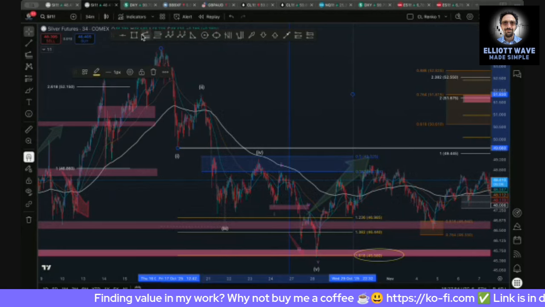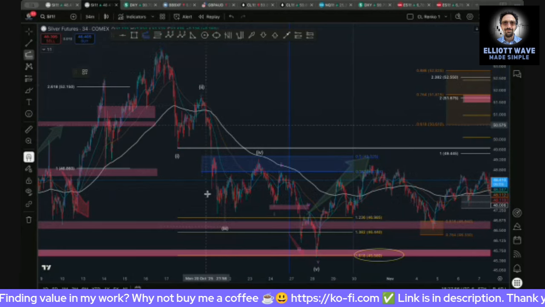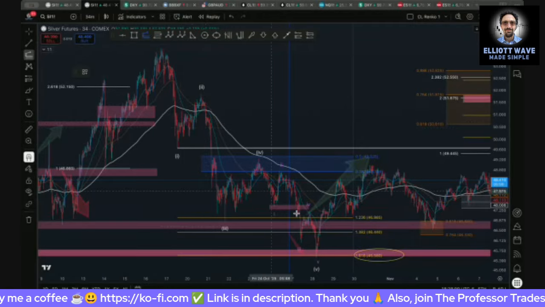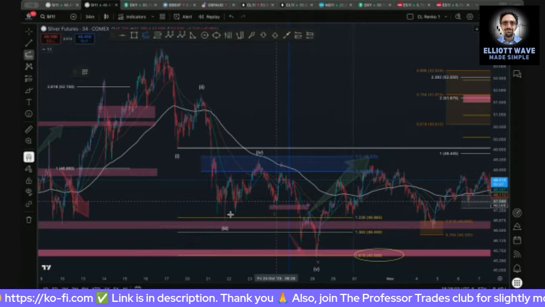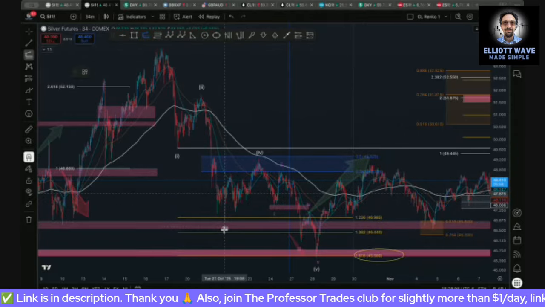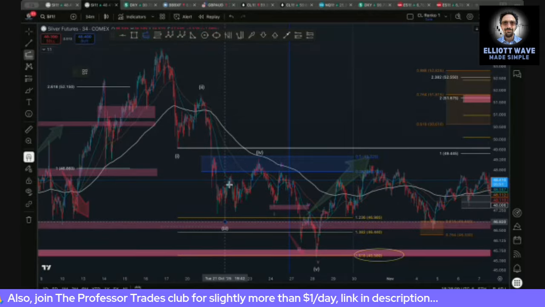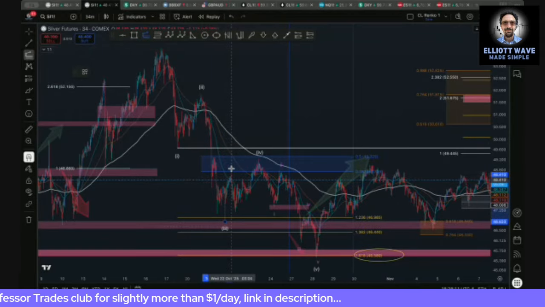So I'm going to get out my fib projection tool, the one that gives me 3 clicks, the same one that I just showed you I use for these yellow fibs. I'm going to come over here and put the first click on the swing low, the second click on the swing high.